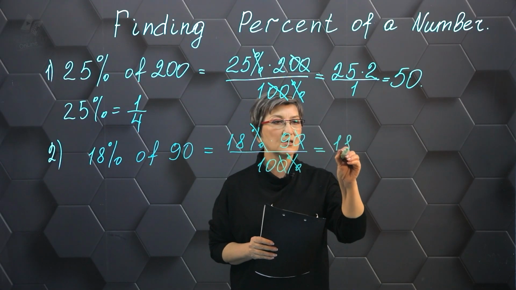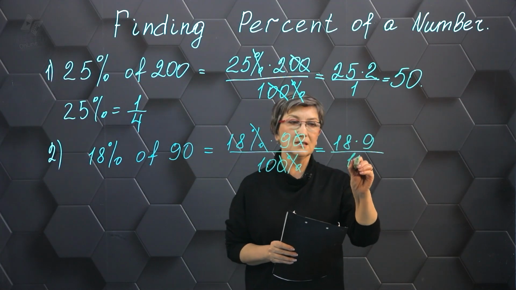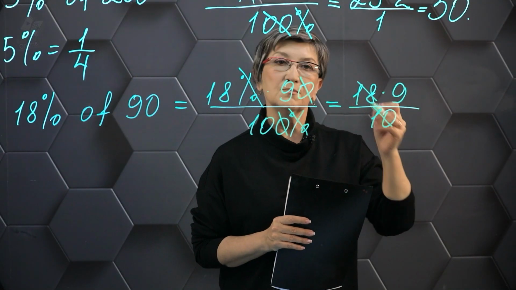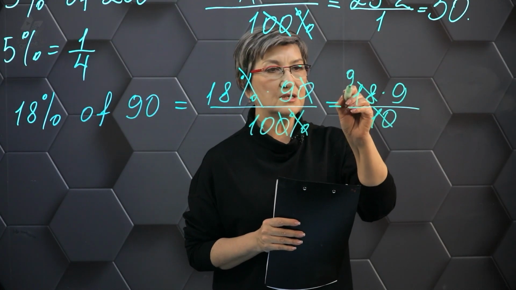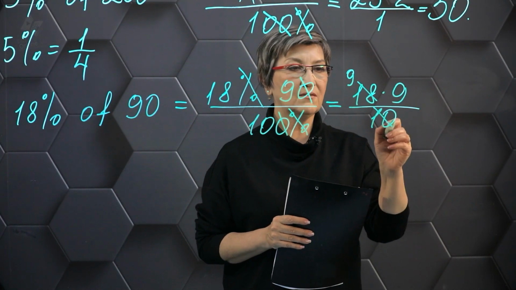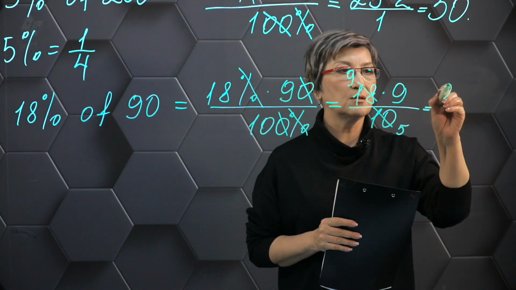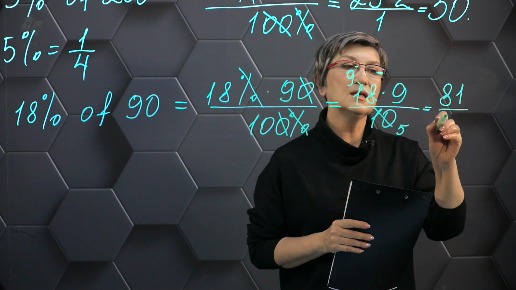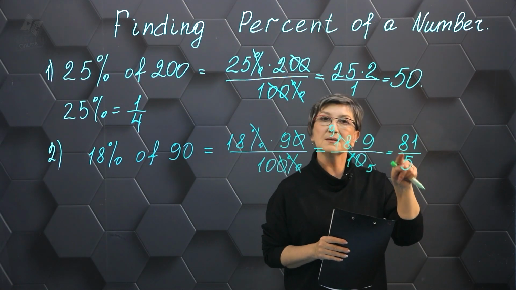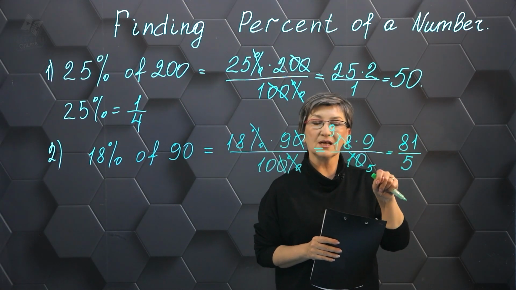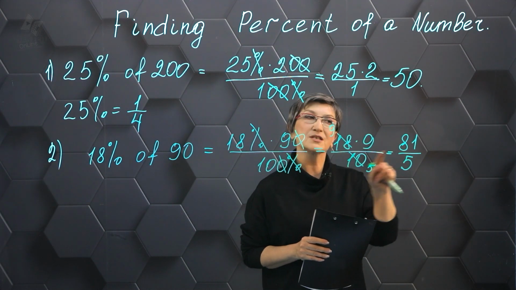If I multiply 18 by 9, and I have to divide by 10, 18 and 10, we can also reduce by 2. 18 divided by 2, that's 9, and 10 divided by 2, that's 5. And then 9 times 9, that would be 81, and I'm dividing by 5. Of course, you can isolate the whole part and write that as a mixed number, but it's best to write it as a decimal fractional number.